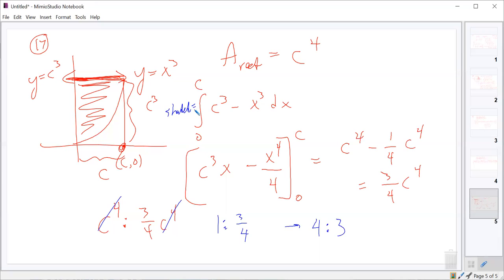Yeah, the shaded region was the upper function, so that's this linear piece minus the cubic. Effectively, I did do the full rectangle minus this piece, because the full rectangle was this c to the 4th. You mean in terms of doing it in terms of x or y?